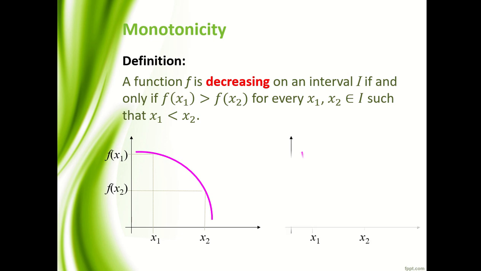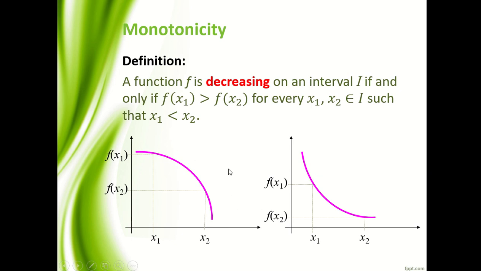You can see that in both of these pictures, x sub 1 is less than x sub 2. From the y-axis, this is the shorter distance, and to x2 is the longer distance. So x sub 1 is less than x sub 2 here, and also here.